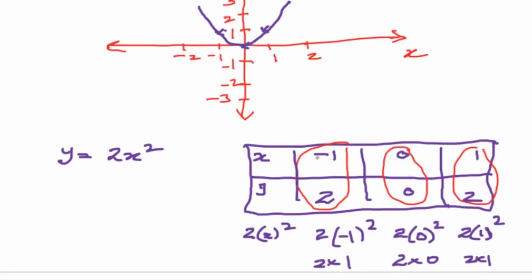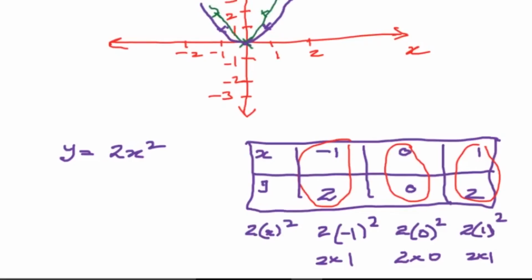Let's plot the first point, it's a minus 1 and a 2. Minus 1 is right here and a positive 2 is above here. That's the first point. The second point is a 0 and a 0. The third point is a 1 and a 2. That's where it's going to be. When we connect the points, we will get the following. There's the parabola.